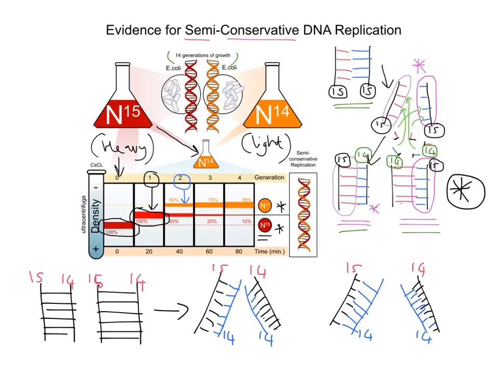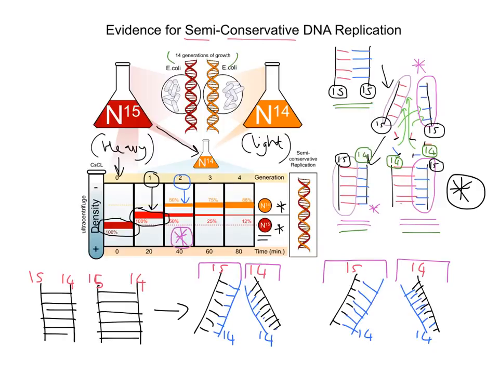So if you have a look what we've got now, in our new batch, so in our second generation, we've now got DNA that is 50% a mix of N14 and 15, and 50% just pure N14. So proportionally, that's what we have here, where I've just drawn the asterisks.